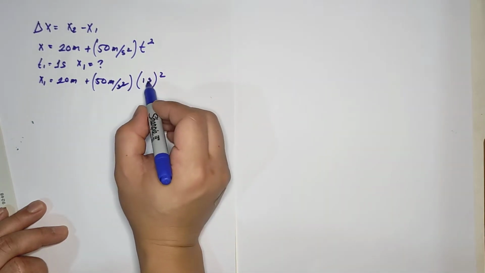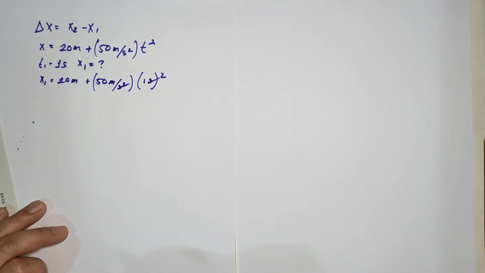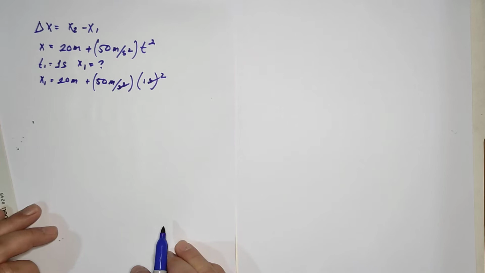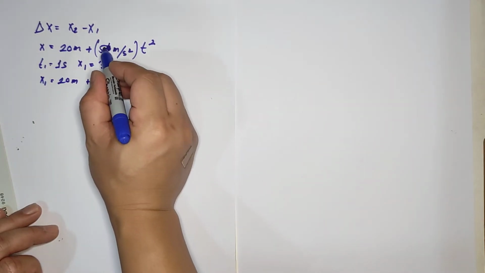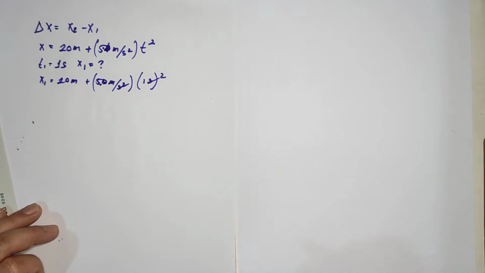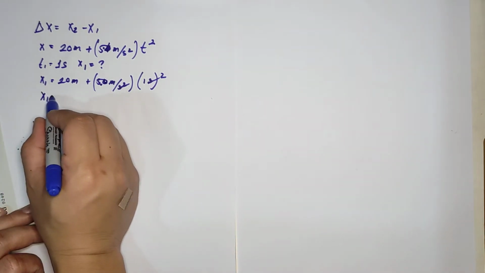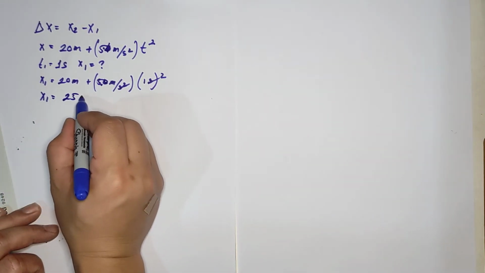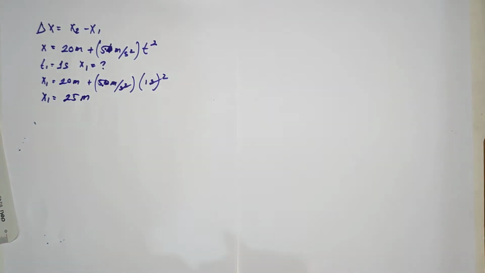The second squared will be cancelled. So x1 is now 25 meters.